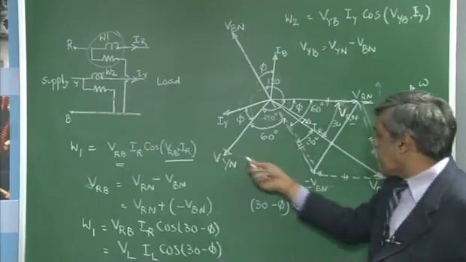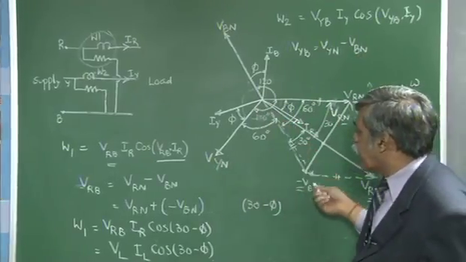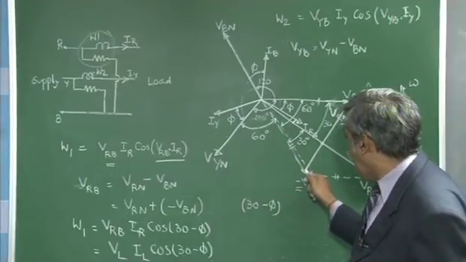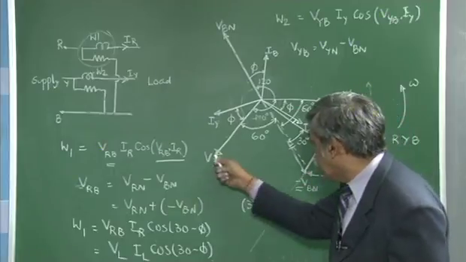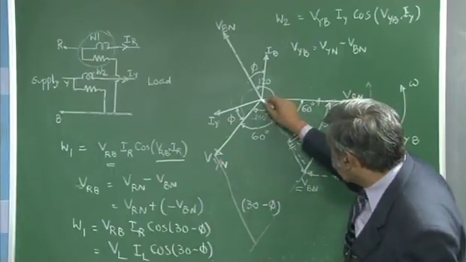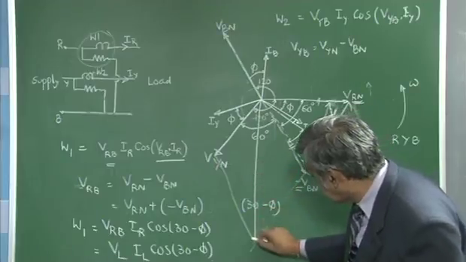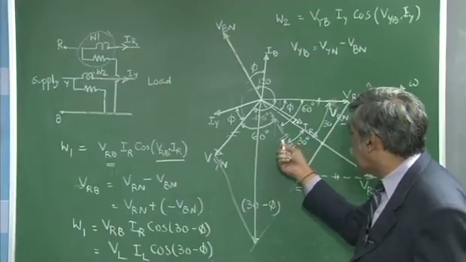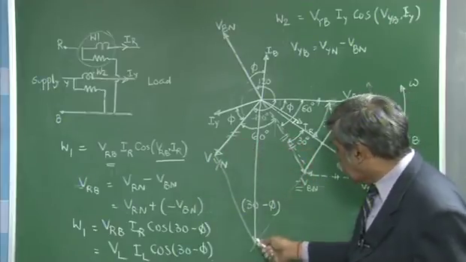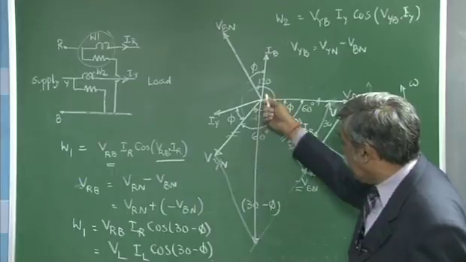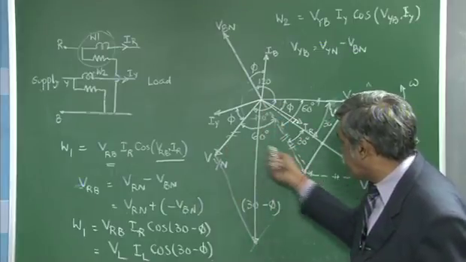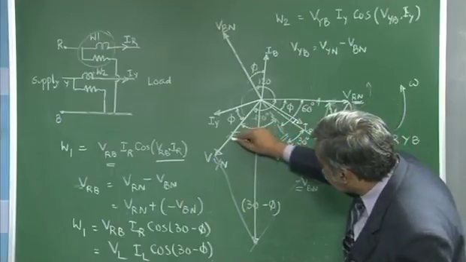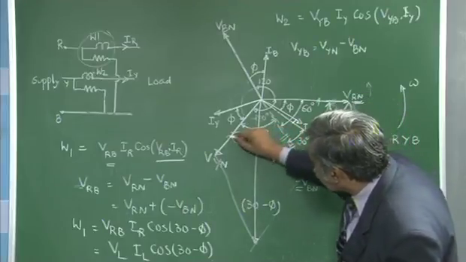We already have the vector VBN reversed in direction. Now if I add VYN and minus VBN, I get the vector VYB. So that vector VYB will be like this. Because VYN and minus VBN have equal magnitudes, the diagonal, the line voltage resulting from the addition of these two, will bisect this 60 degree angle. Therefore this angle again is 30 degrees.